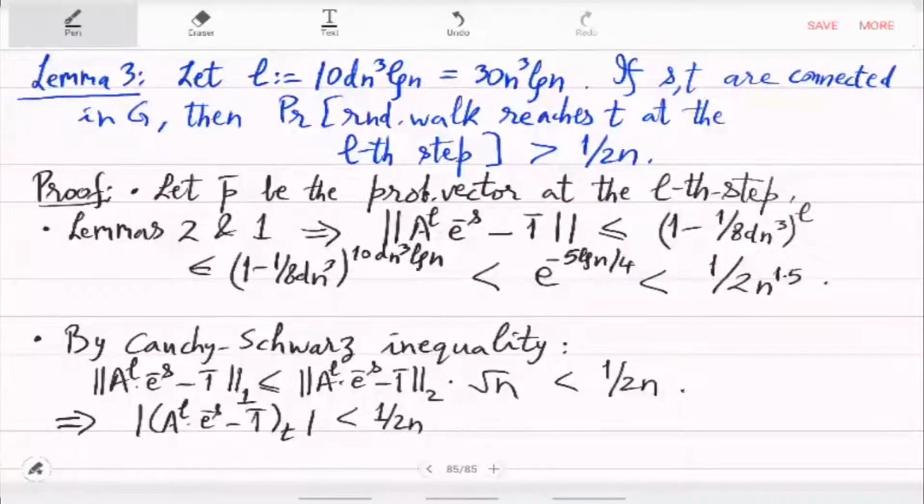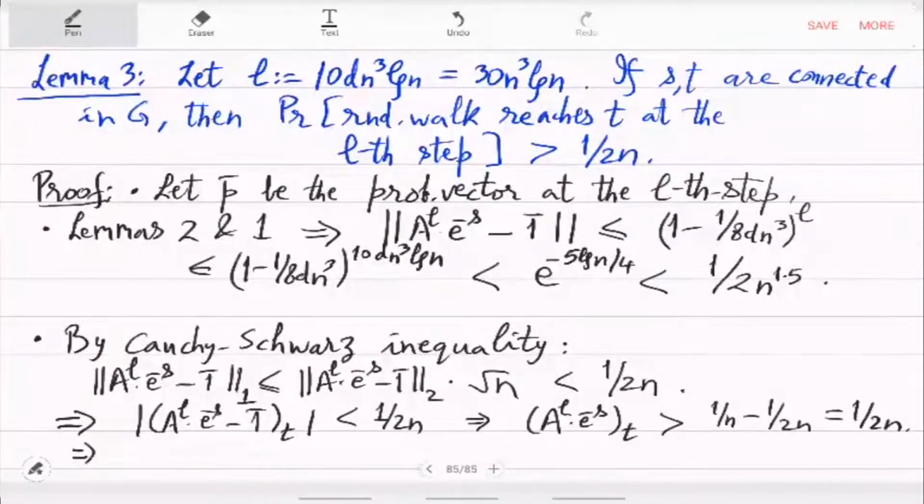Right. So this is the difference between the t-th coordinate of a^L e-bar and the t-th coordinate in 1-bar. 1-bar's t-th coordinate is exactly 1 over n. So this implies that the coordinate of interest exceeds 1 over n minus 1 over 2n, because the difference cannot be more than 1 over 2n, which is still 1 over 2n.